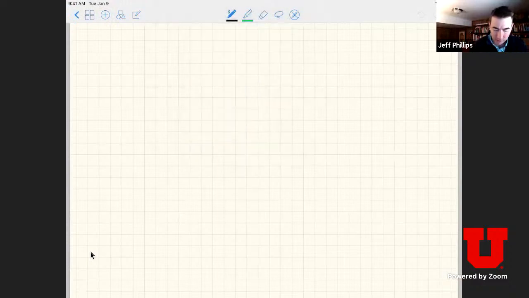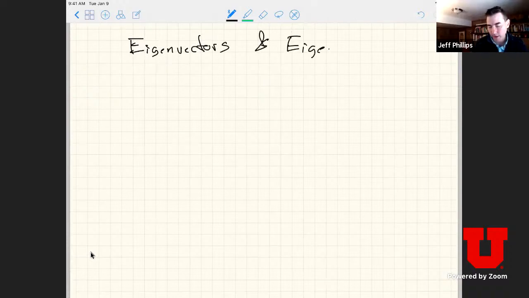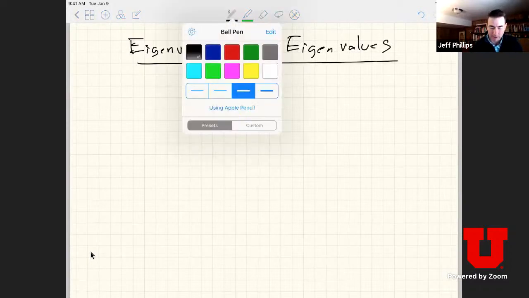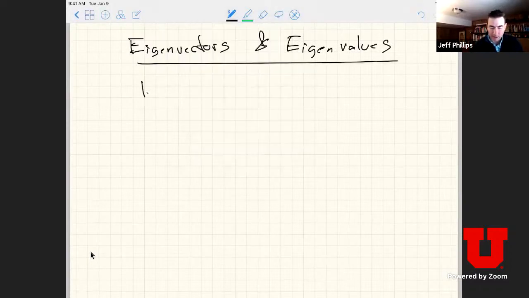Okay, so let's talk about eigenvectors and eigenvalues. Remember, the input here has to be this square matrix M, which is going to be n by n. So this has to be square.